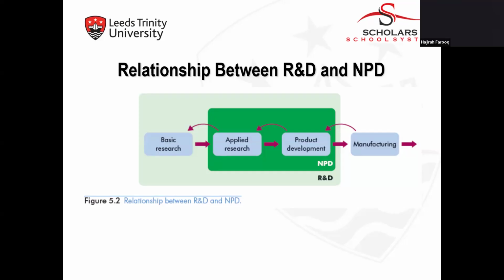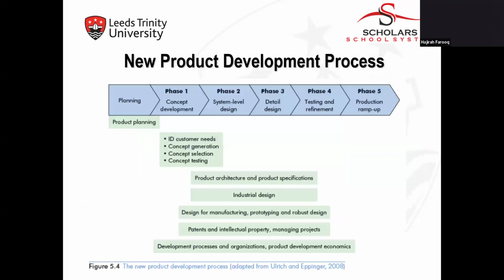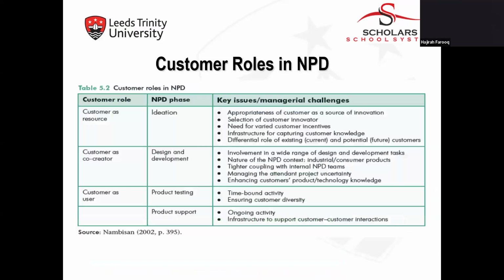But the NPD, which is the new product design, only consists of this green area, which is applied research and product development. Then we discussed the different phases of new product development process, which includes planning, concept development, system level design, detail design, testing and refinement, and the last stage, production ramp up. So then we moved on to the customer roles in NPD.